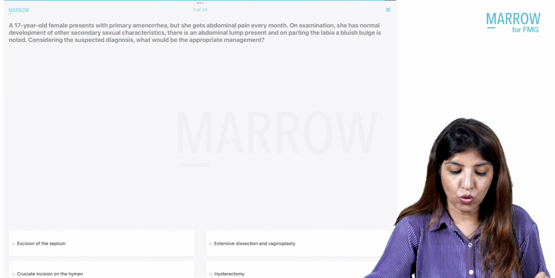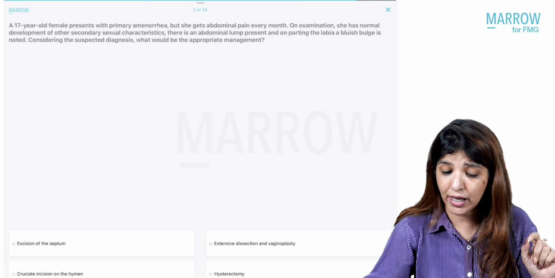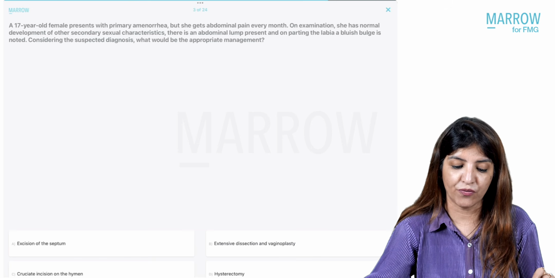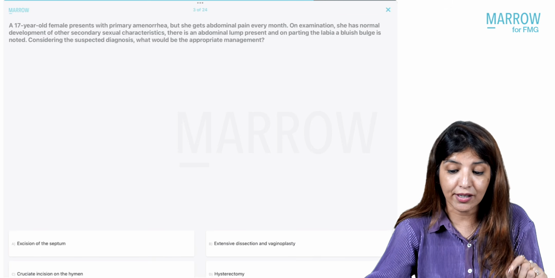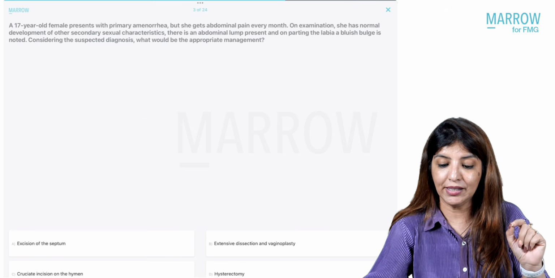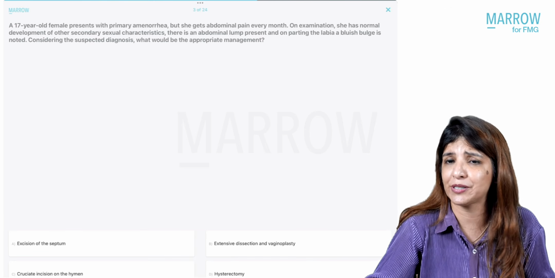A 17-year-old female presents with primary amenorrhea, but she gets abdominal pain every month. On examination, she has normal development of secondary sexual characteristics. There is an abdominal lump, and on parting the labia, a bluish bulge is noted. Just now we did this, right?